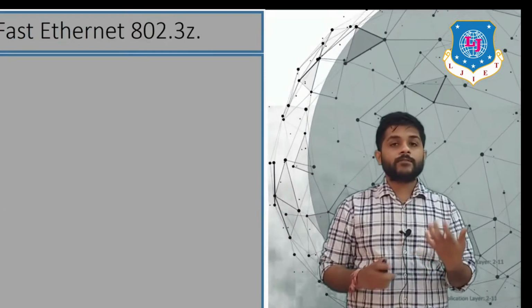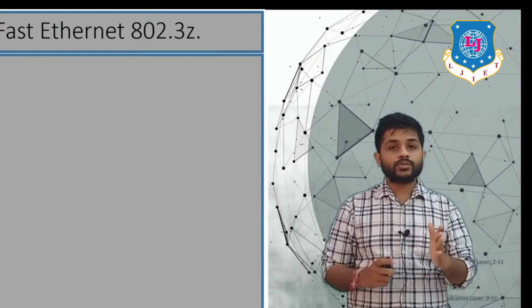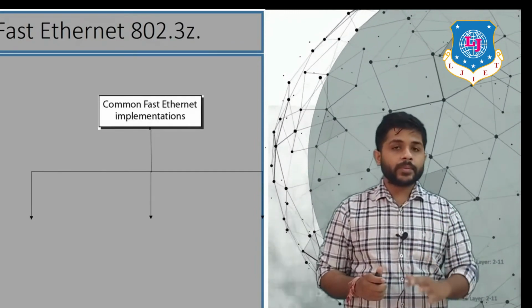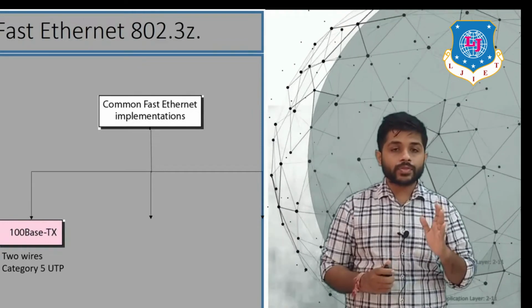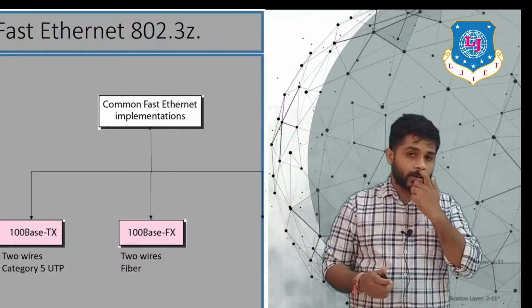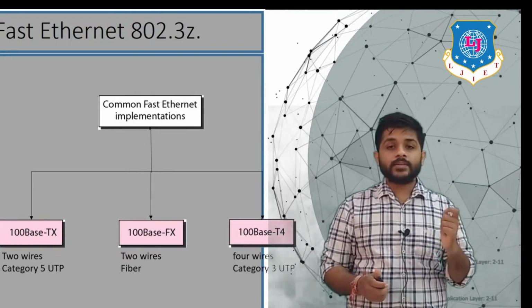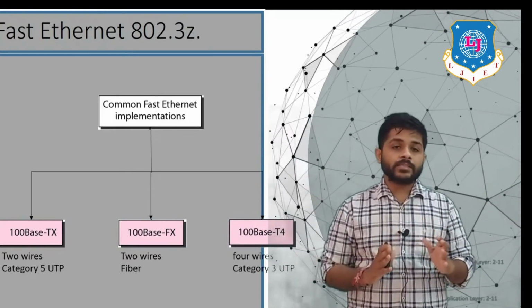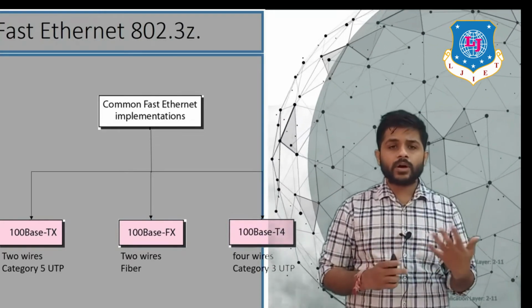Now let's see fast Ethernet, which is known as 802.3u. The main three implementations of fast Ethernet are 100BASE-TX, 100BASE-FX, and 100BASE-T4. 100BASE-TX means 2 wires, category 5 UTP.